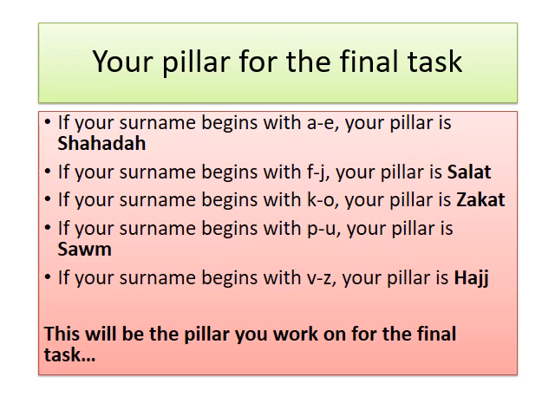If your surname begins with the letters F to J, your pillar is Salat. If your surname begins with the letters K to O, your pillar is Zakat. And if your surname begins with the letters P to U, your pillar is Sawm. And finally, if your surname begins with V to Z, then the pillar you're going to be looking at is Hajj.